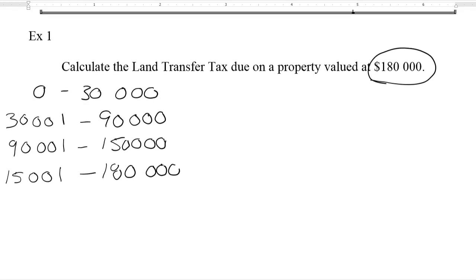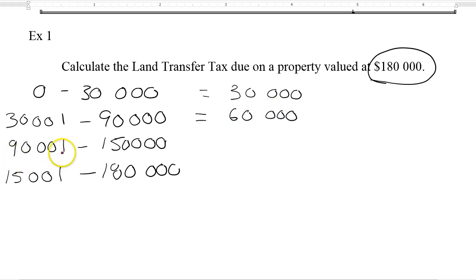So now you ask yourself, how much money am I actually dealing with in each bracket? Well, from 0 to 30,000, that's $30,000. From $30,001 to $90,000, that is $60,000.